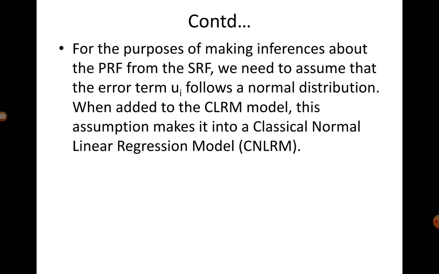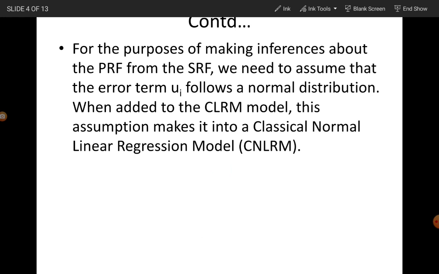What is that assumption that we make? We assume that our error term ui follows a normal distribution, and that is how from my CLRM I introduce an N and I get the classical normal linear regression model, or the CNLRM.